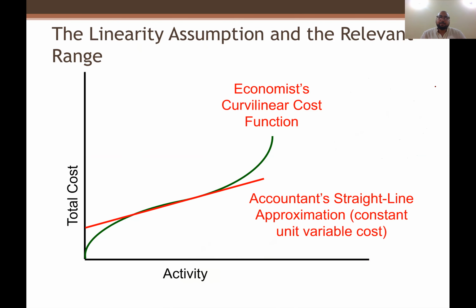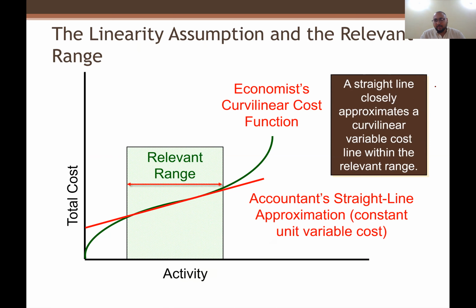Okay, now the linear assumption and the relevant range. The concept is that if you see the total cost on a level of activity, the behavior of the total cost is that it is increasing. See? So the relevant range is that range in which a cost presents itself on a linear basis.